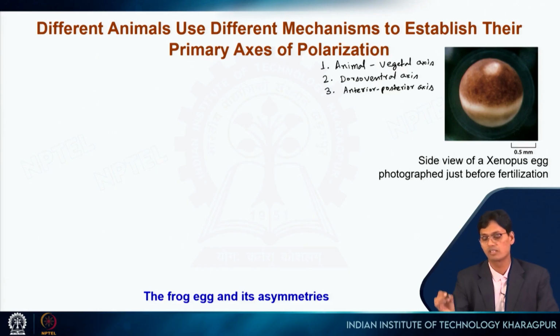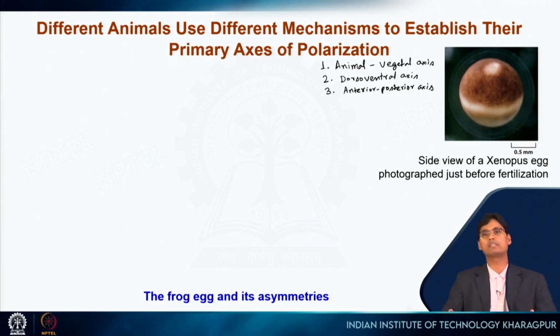Now, the problem with the naming is that the animal vegetal axis has nothing to do with vegetables or anything. This is some kind of weird name. Animal vegetal axis determines which portion will be internal and which portion will be external during development.